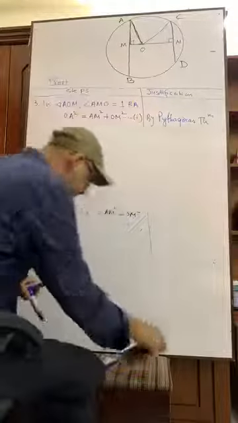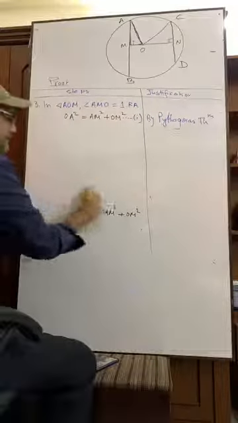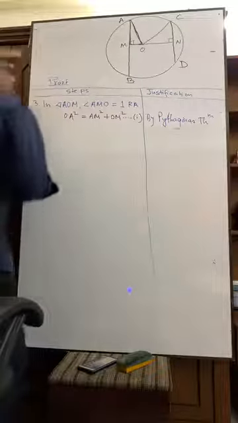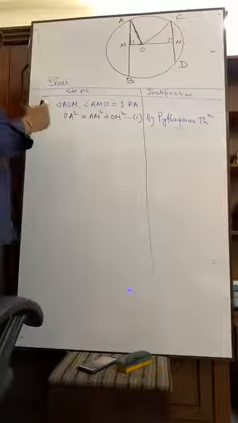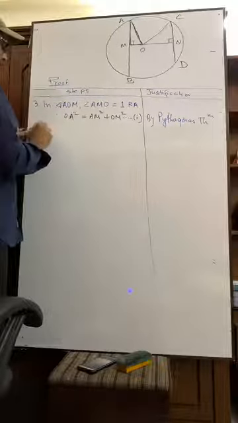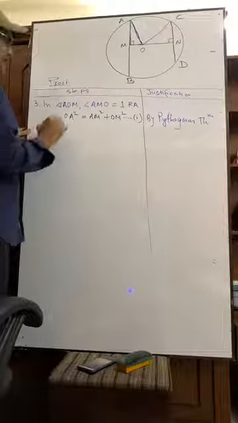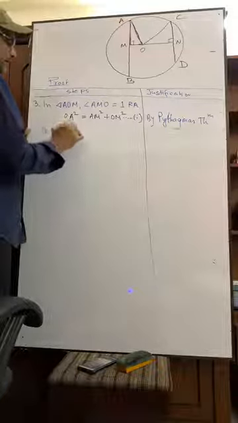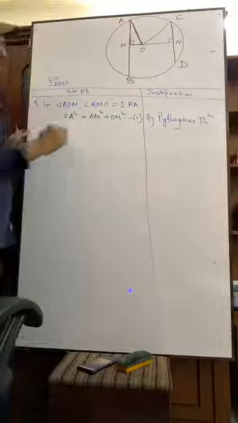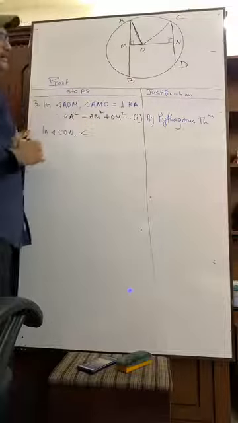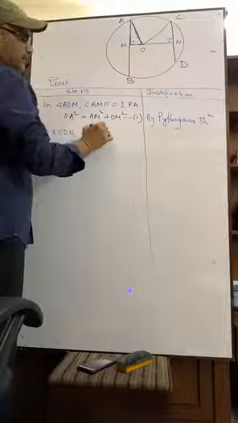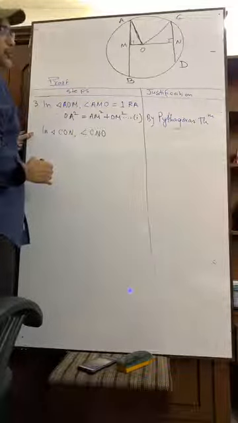Again, in the same way, in triangle CON, have you seen the triangle CON here? Which angle is equal to one right angle? Angle CNO is equal to one right angle.